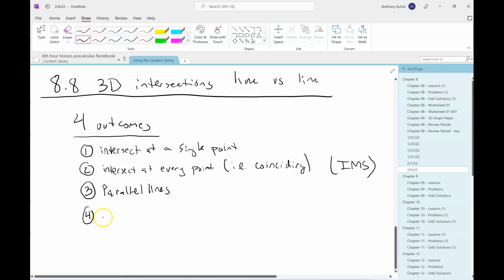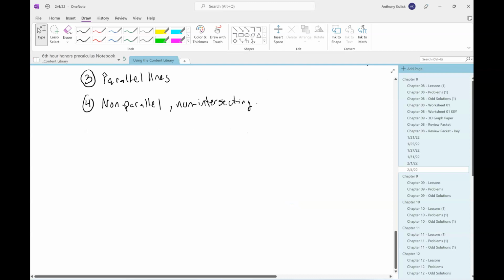And the fourth situation is we can have lines that are non-parallel and non-intersecting. And you might think about, like, Mr. Kulik, how in the world is that kind of a thing possible?